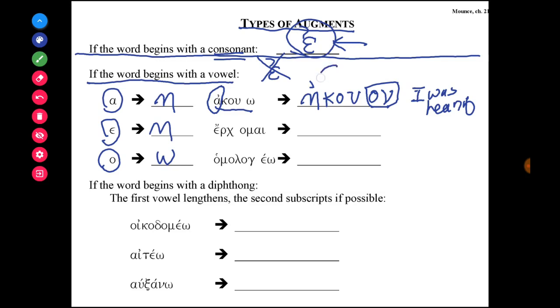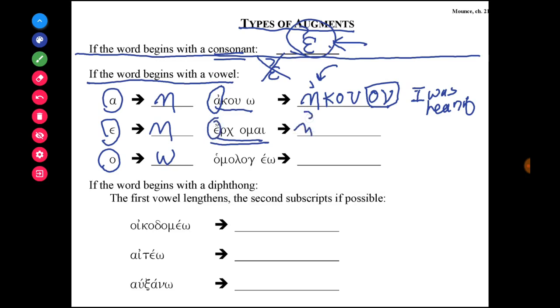The only difference is the augment is making the stem vowel that begins the stem long rather than using the epsilon. So for erchomai, which is I am going, I am coming, if I want to say I was going, I was coming, then I would make the epsilon long.